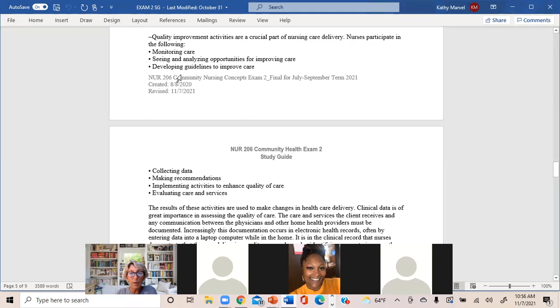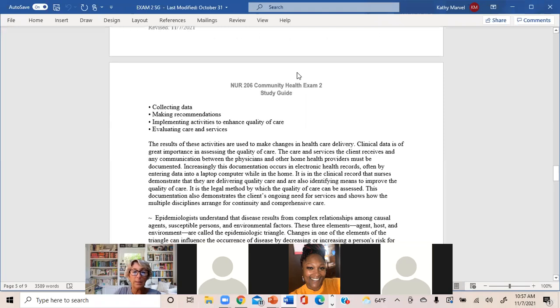You can go through these: monitoring care, seeing and analyzing opportunities to improve care. Think of your nursing process right here. So let's apply our nursing process to quality improvement: monitoring care, seeing and analyzing opportunities for improving care, developing guidelines to improve care, collecting data, making recommendations, implementing your recommendations, and evaluating.